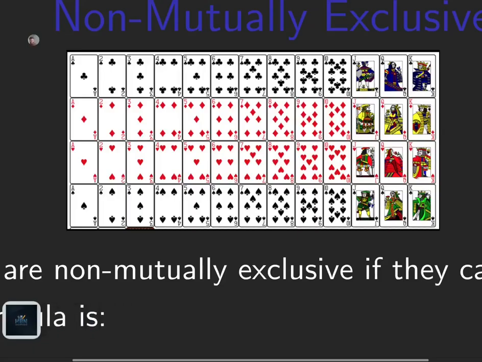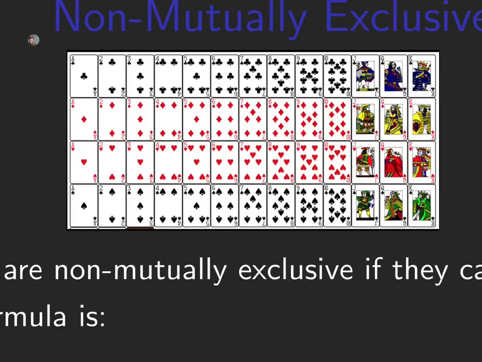Now, if I want to pick, first of all, the diamond. These are the diamonds. And then now I also want to pick a queen. It is possible that whilst picking the diamonds, I'll pick a queen as well.